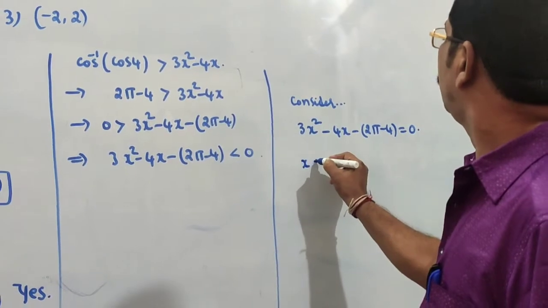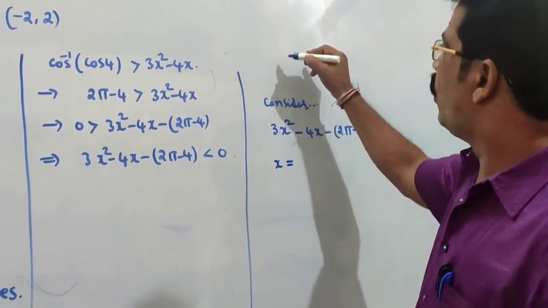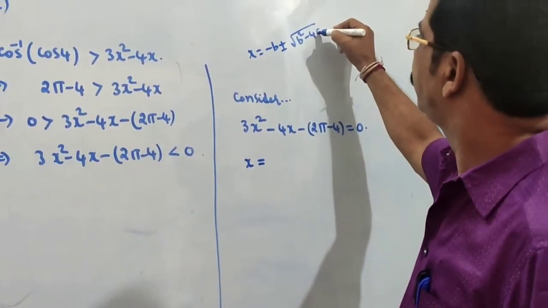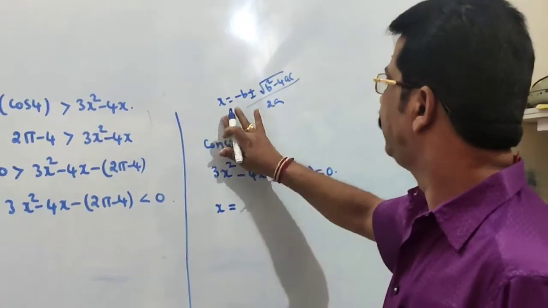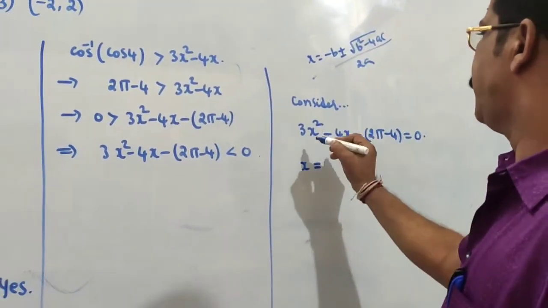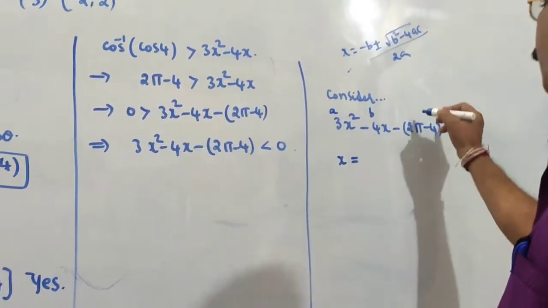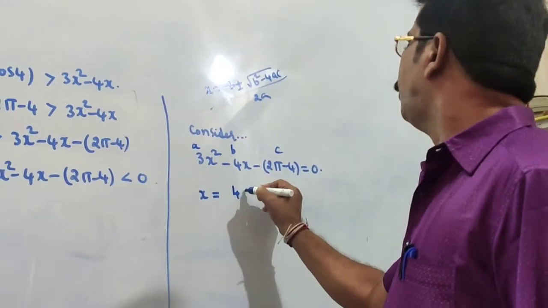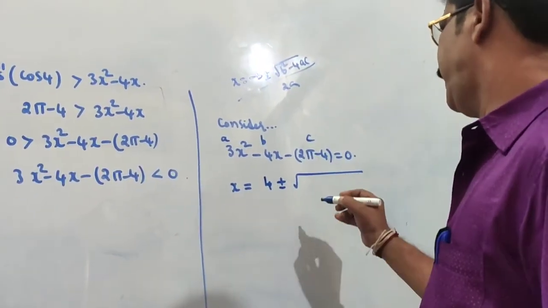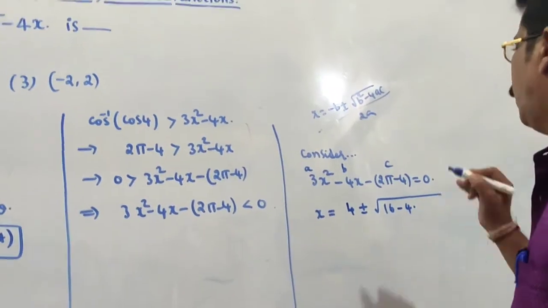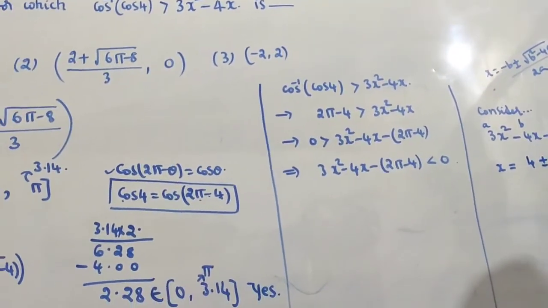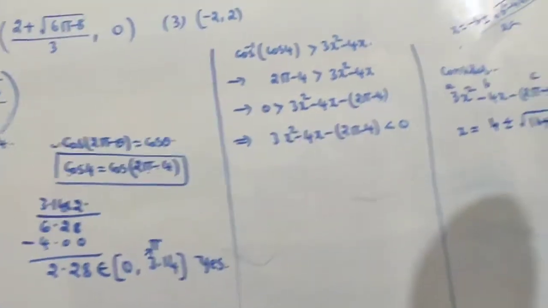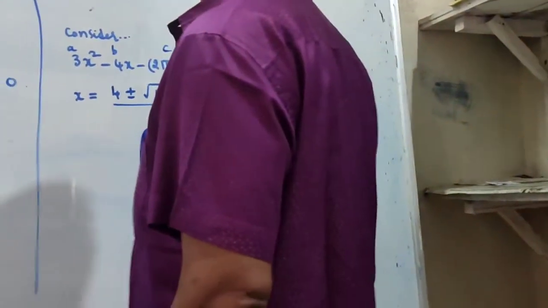Then x equals minus b plus or minus root of b square minus 4ac divided by 2a. So a is equal to 3, b equal to minus 4, c equal to minus of 2 pi minus 4. So x equals minus b, 4, plus or minus square root of b square, 16, minus 4a c, minus into minus plus into 2 pi minus 4, divided by 2 into a.